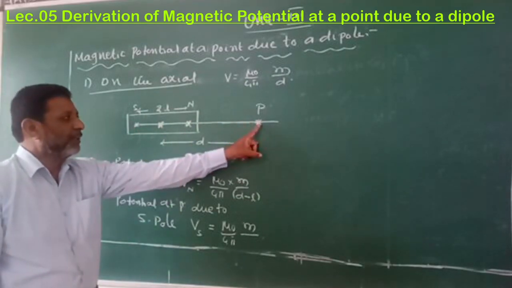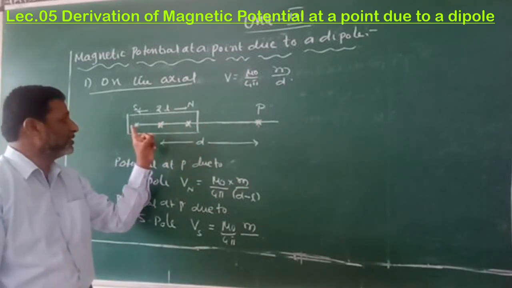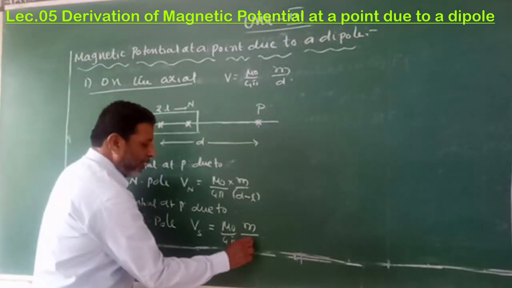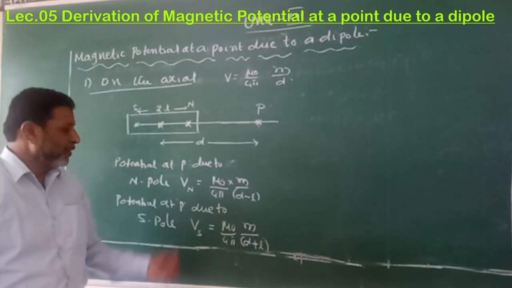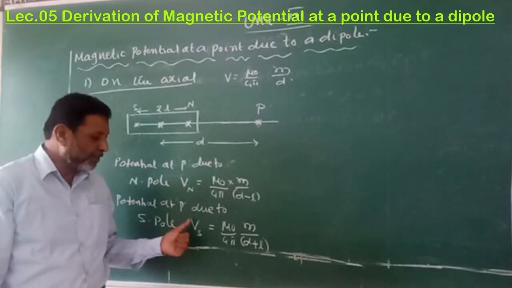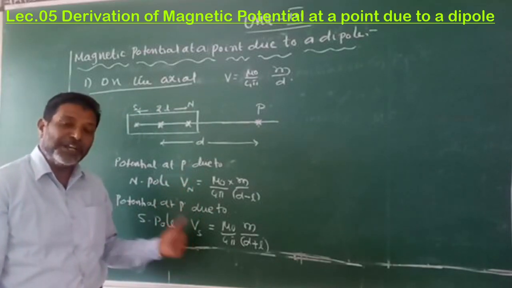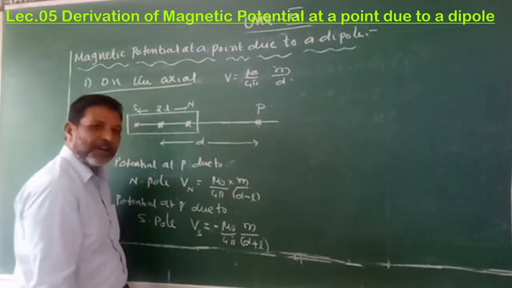This total distance is D plus L. Now, potential due to the North Pole is taken as positive, whereas potential due to the South Pole is taken as negative, so here this will get a minus.